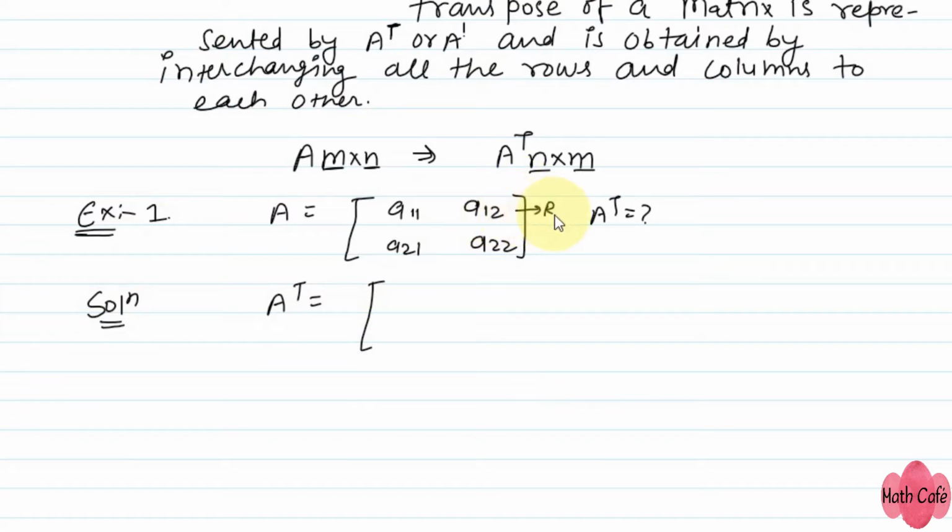This is row number 1 and this is row number 2. So row number 1 will become column number 1, A11, A12, and row number 2 will become column number 2, so A21 and A22. Alright, this is simple. So let's take another example.